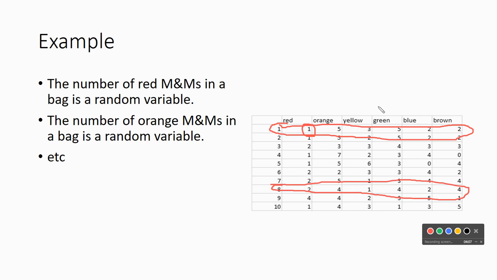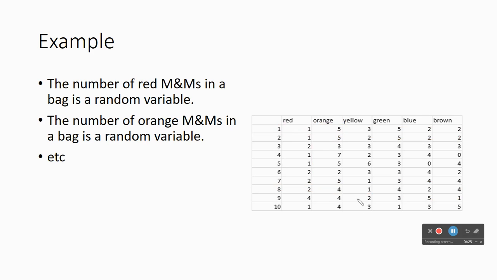We could also say the number of orange M&Ms constitutes a random variable, and each of these bags having a value 5, I think that may be 5 again, 3, 7, etc. So the number of M&Ms of a particular color is a random variable. Here we take the bag being the member of the population, and the number of a particular color being the random variable.